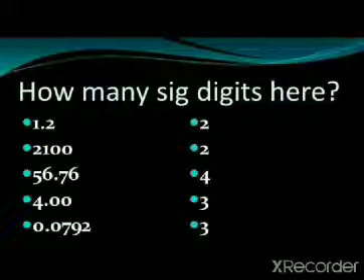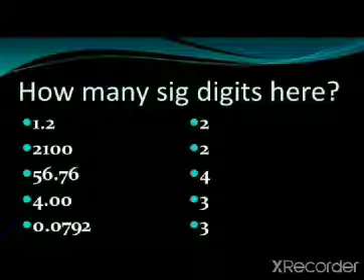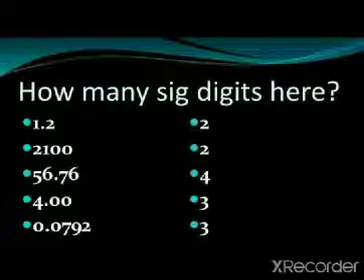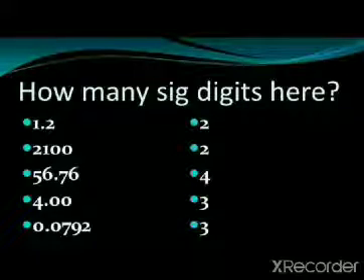Hence the number of significant figures will be equal to 2. Now consider the next number, 2100. You know that the terminal zeros are not significant if there is no decimal point. So only the digits 2 and 1 are significant. Hence the number of significant figures will be equal to 2.